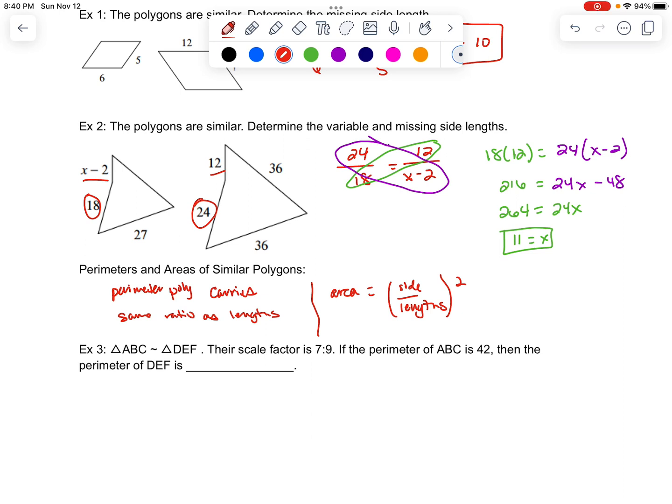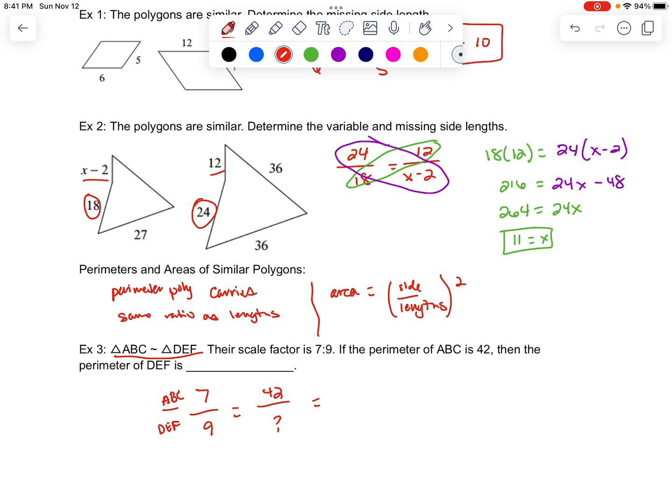Your triangles are similar, and the scale factor is 7/9. The perimeter of ABC, so notice here we're going ABC over DEF. I'm getting that from here. The perimeter of ABC is 42. And on this side, I've got a question mark for my perimeter.